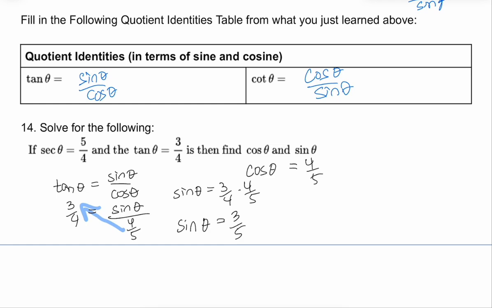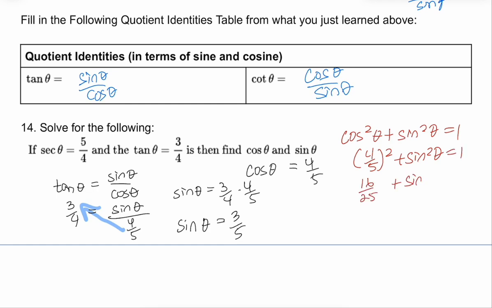I want to show you a different way. We also know the relationship that cosine squared plus sine squared is equal to 1. That's another way to do the problem. Cosine we found was 4/5. 4/5 squared is 16 over 25. 1 is 25 over 25. 16 from 25 is 9.